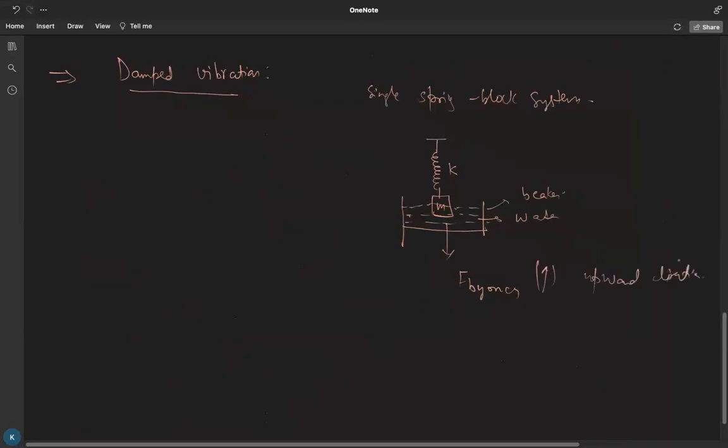That means there is an external force acting on the system which affects the oscillatory motion of the single spring block system, right? I hope it is clear to all of you what I'm trying to say, right?